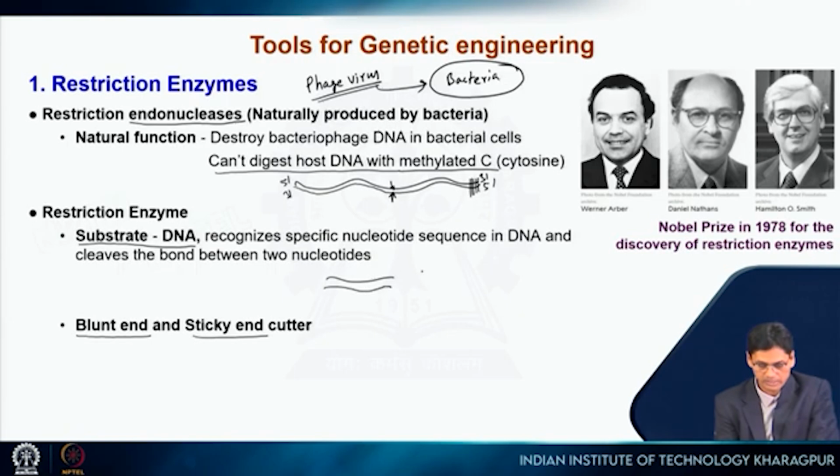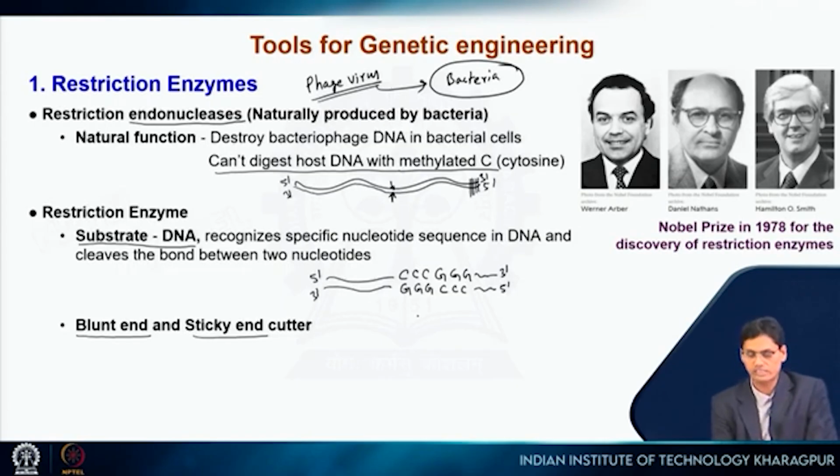Now if you see here the sequence C, C, C, G, G, G, the complementary sequence should be G, G, G, C, C, C, and here it's going like this, 3 prime. I am not writing the whole sequence here, 5 prime, and here 5 prime, 3 prime. This is the recognition sequence of a particular enzyme, and this enzyme is known as SmaI. This enzyme name you don't need to remember.